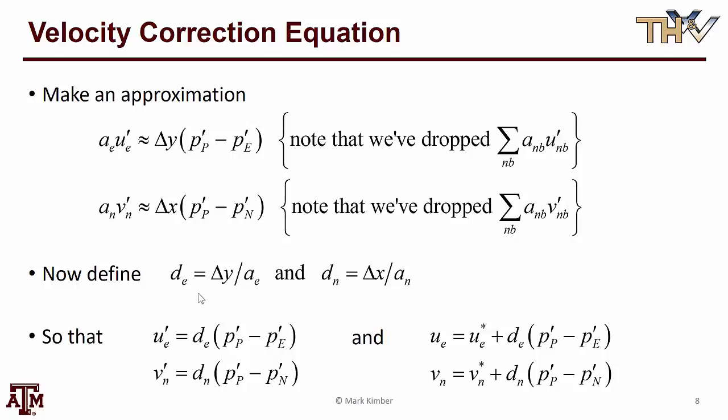Keep in mind we'd also have these for the west and the south. But now we can express the velocity corrector in terms of the pressure corrector, so that the velocity again is a sum of the starred and the primed quantities, where the primed velocity now can be expressed in terms of the primed pressure quantities, the pressure corrector.